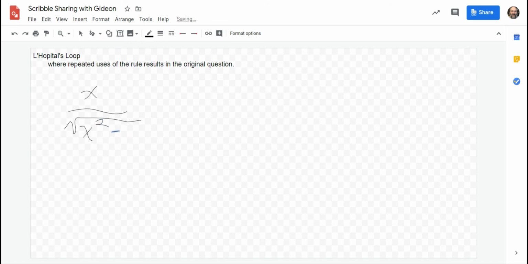X squared. Yeah, I think that's it. And of course, we have to have a limit. L'Hopital only applies to limits, right? And it's x goes to infinity.